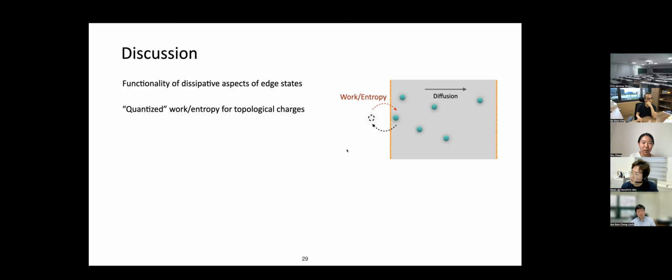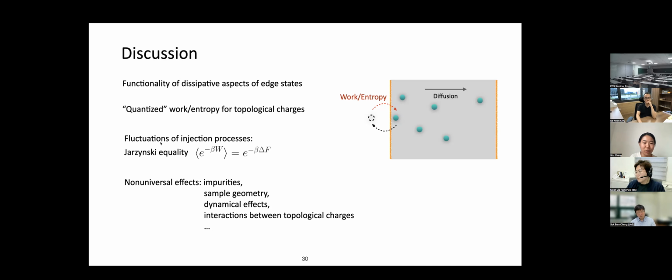But we have to be careful that this quantization is in the mesoscopic sense, because it's quantized on average, since we have to think about the fluctuations between each injection process.